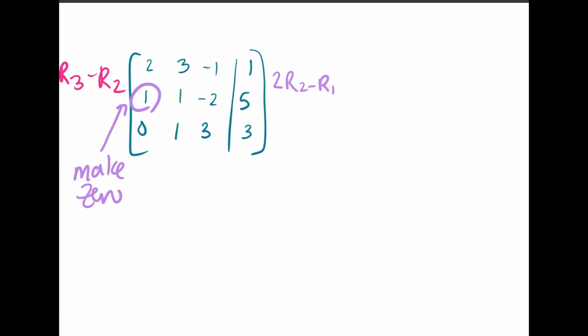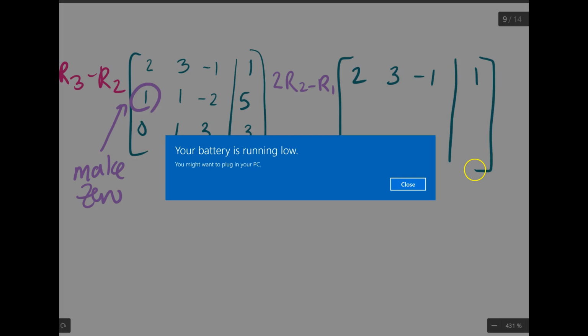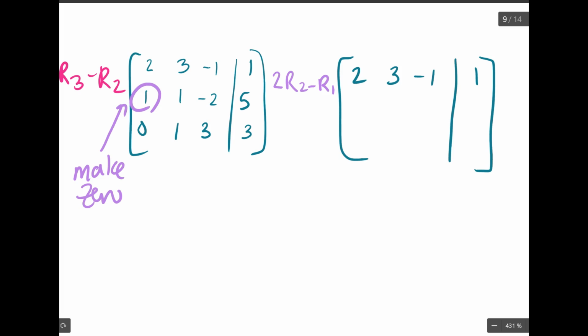Okay. So I'm replacing the second row. My first row is still the same, so I just copy that over: 2, 3, negative 1, 1. My second row: 2 times row 2 is 2, 2, negative 4, 10.